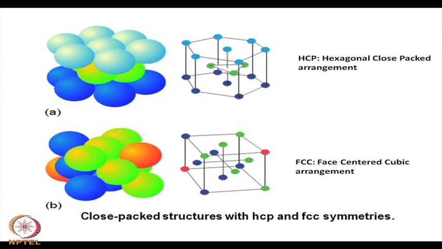Along that direction, the distance of separation between neighboring atoms is the lowest, and so the distance to be traveled is also less. So, you need less energy for the movement of the atoms along that close packed direction or on the close packed plane. That is the concept of the slip plane.